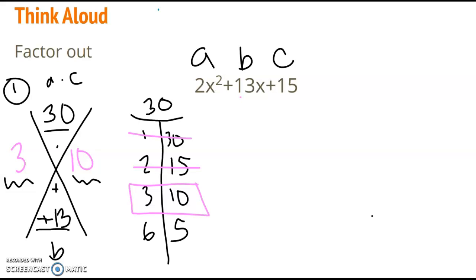The way we do grouping is I'm going to grab that first term in our polynomial, which is 2x squared. And then I'm going to be grabbing that 3 and the 10.